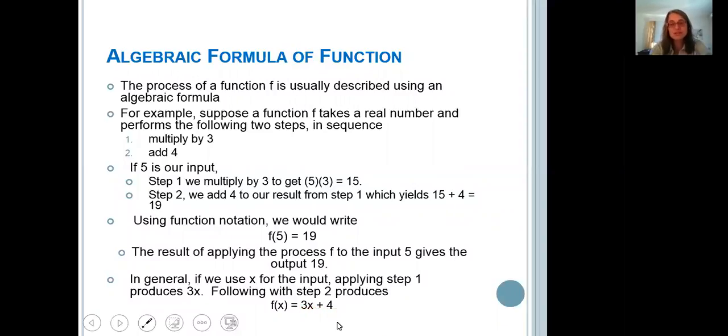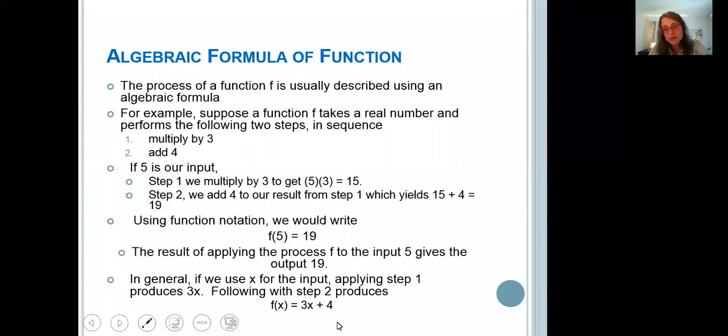That's all there is to it. That is function notation in a nutshell. F of x equals 3x plus 4. That means the function f takes whatever number we feed it, multiplies that number by 3 and adds 4 to it. F of 5 would be 19.